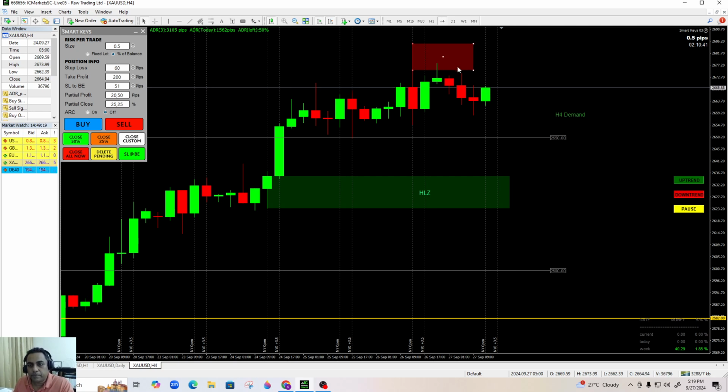Yeah, so we have a rally, a base, and a drop here. Somewhere there. I'm just going to mark these roughly for now, and we are going to refine these zones later. There is a rejection there at the top as well.